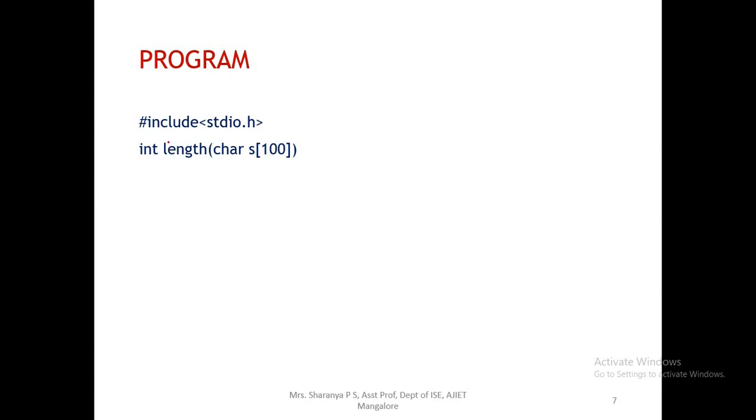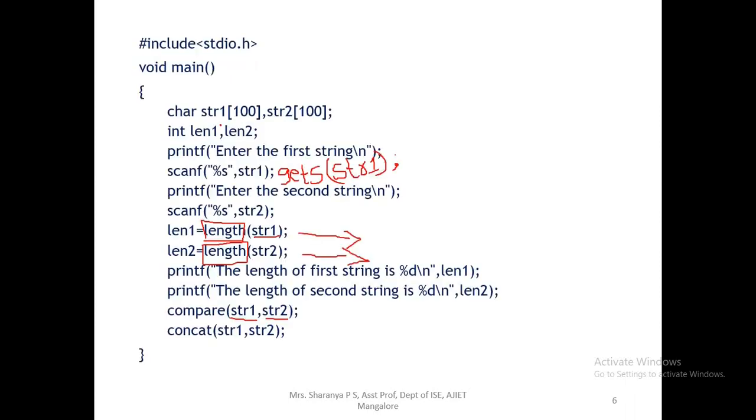Here length is the function name and we have used integer because this function returns a value. The return value's data type is integer. That's why this data type is int. And it takes a string as a parameter. That is, as we observed initially, the strings we referred to as string 1 and string 2.